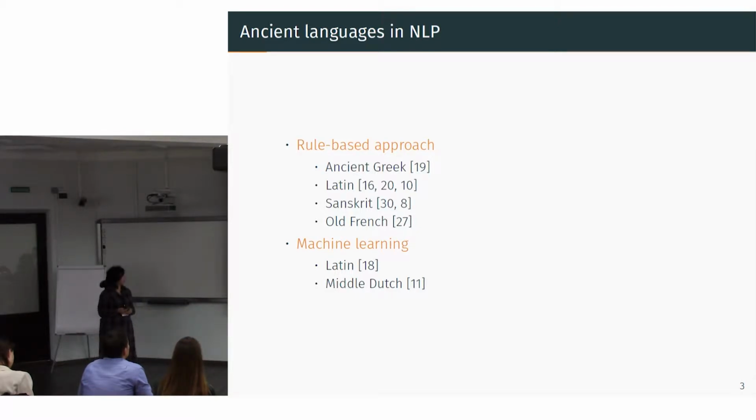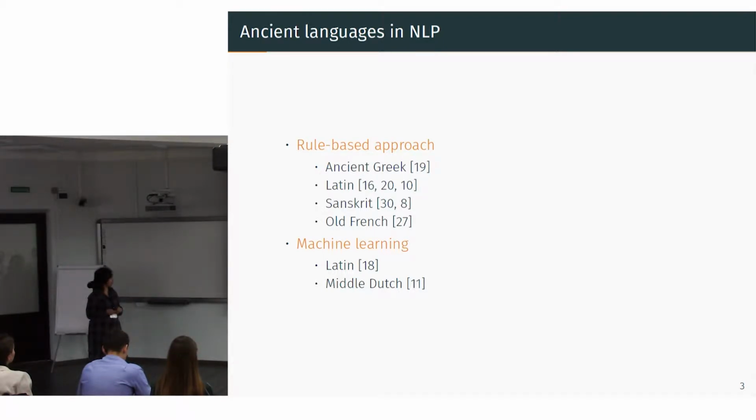Ancient languages are very poorly covered in literature and are underrepresented in natural language processing on the whole. If we talk about lemmatization, there are only a few lemmatizers: Ancient Greek, Latin, Sanskrit, and Old French, and they are rule-based.